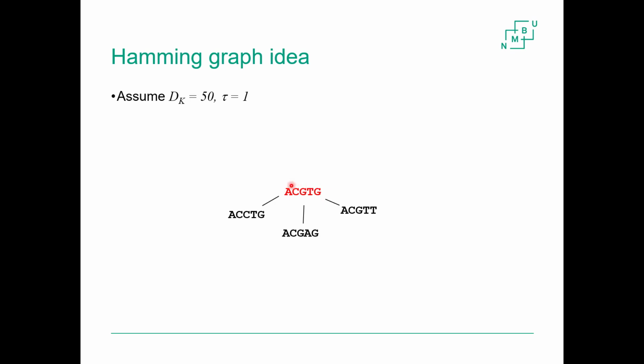So even if this is the normal error-free version, there will be from time to time in some reads this variant of that k-mer, or this variant, or this variant. Or if all the errors occur in the same position, it will look like this. And again, I connect everything which differs by 1 and no more.